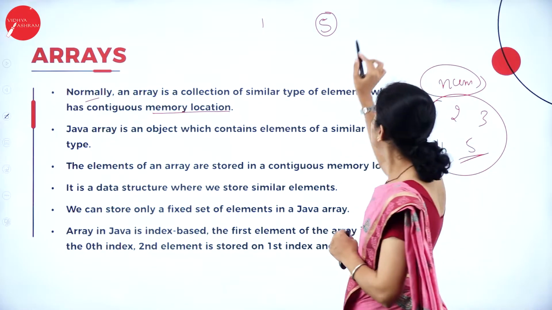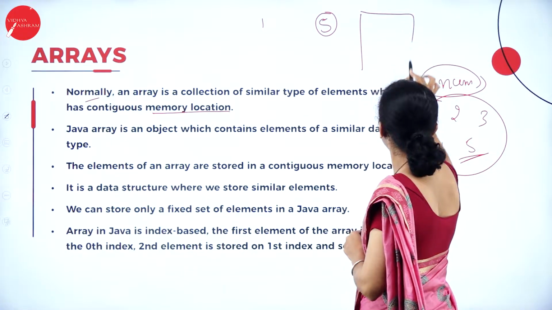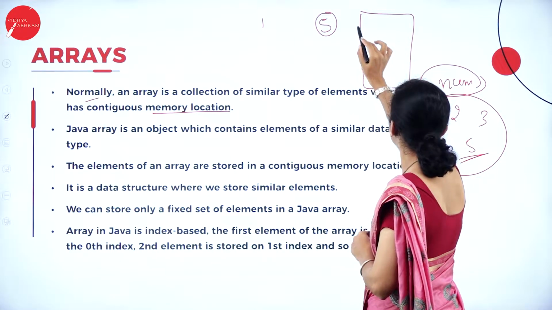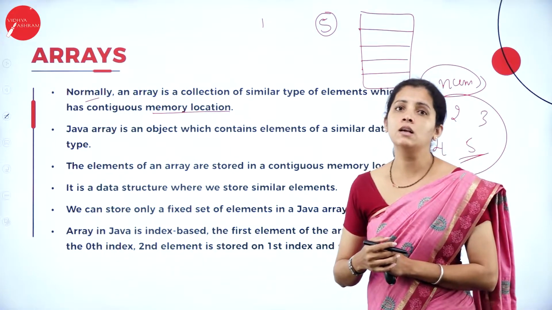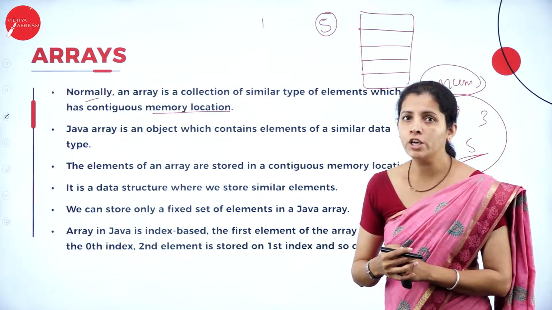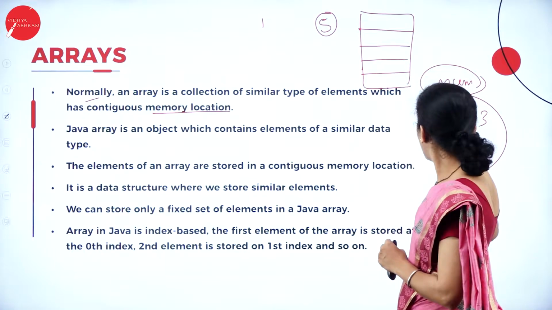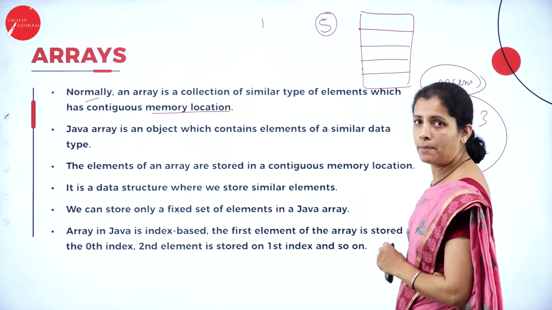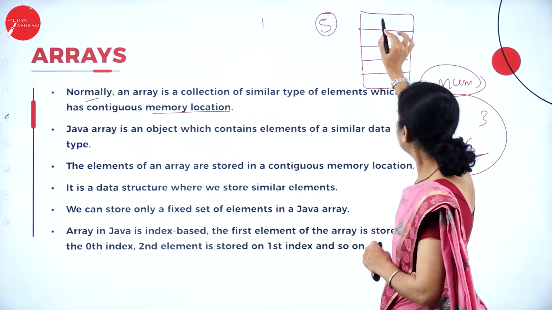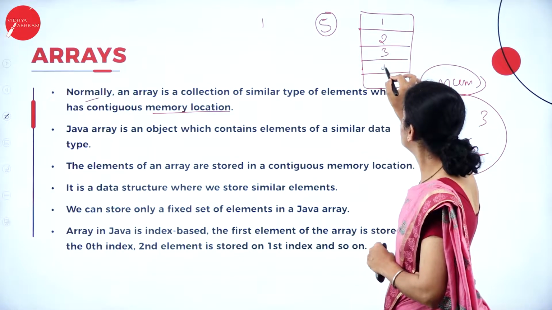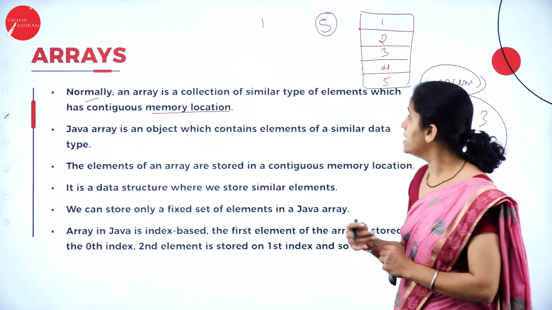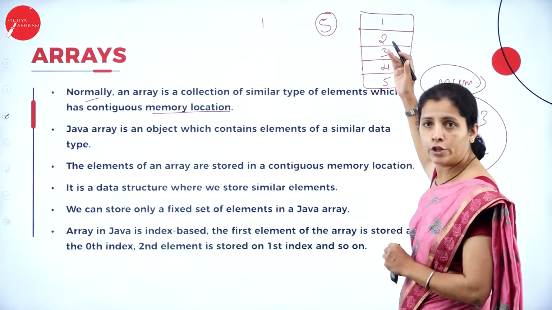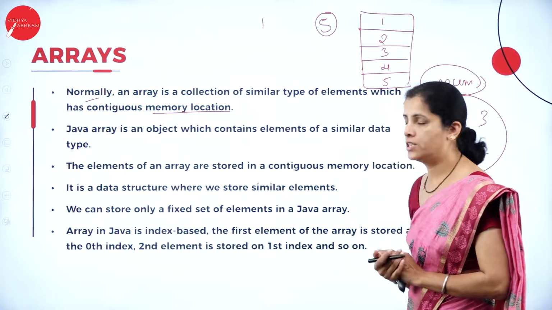For example, if I have the memory locations 1, 2, 3, 4, total 10 bytes of memory location. Now, if I have 5 elements in my array, then all the elements are stored one after another. In the sense, it uses continuous memory location.